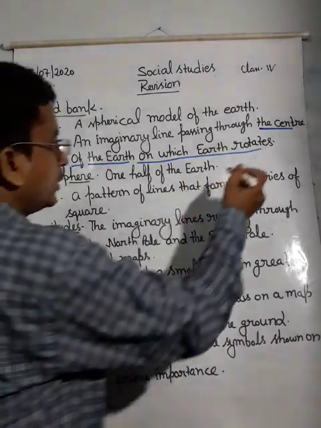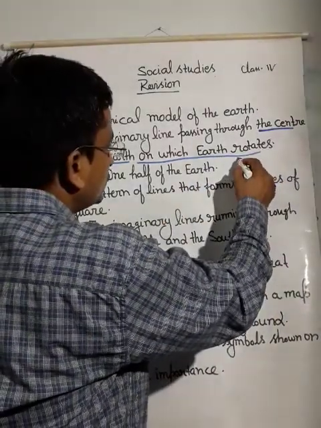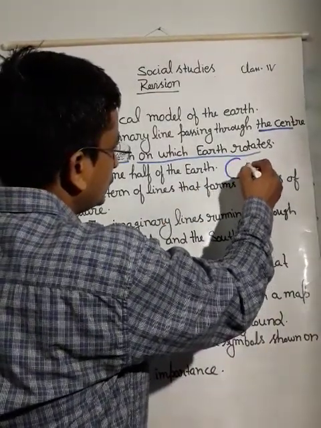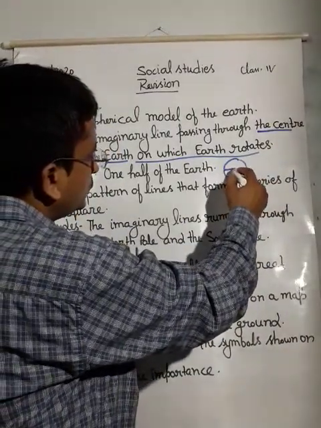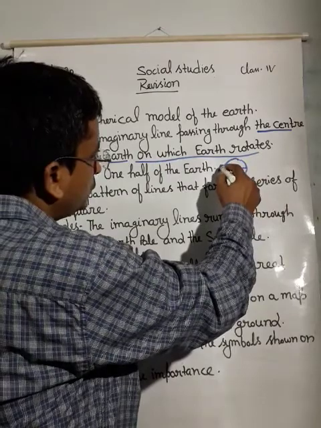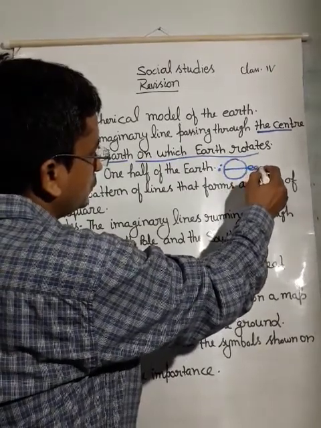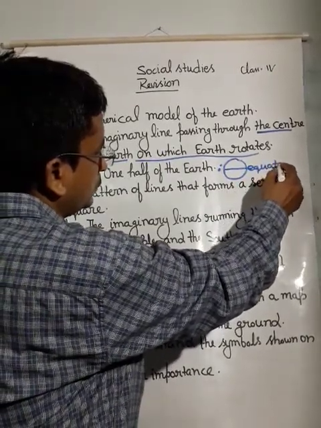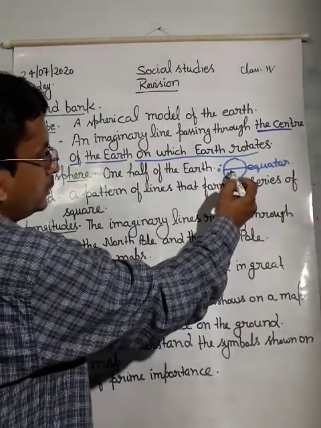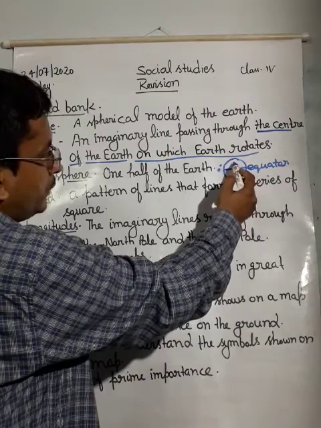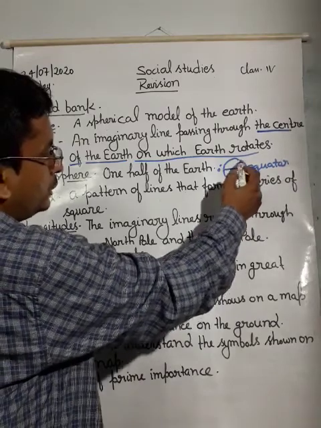One half of the earth means, just suppose this is the earth and this is the equator, 0 degree. So my dear students, this line divides the earth into two equal halves.